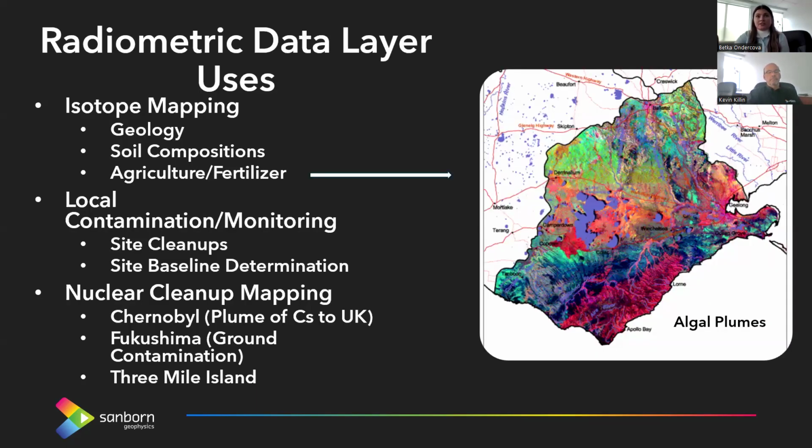Radiometric data is essentially used in 3 main areas. These include natural isotope mapping, contamination mapping and monitoring, and nuclear cleanup mapping. In this slide, we show radiometric data as a ternary image, with potassium in red being the dominant color. The data here were analyzed to characterize soil properties.